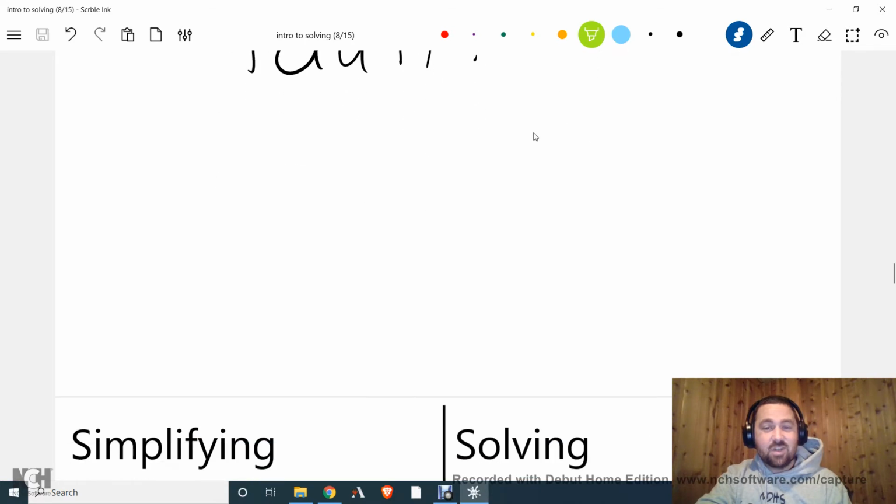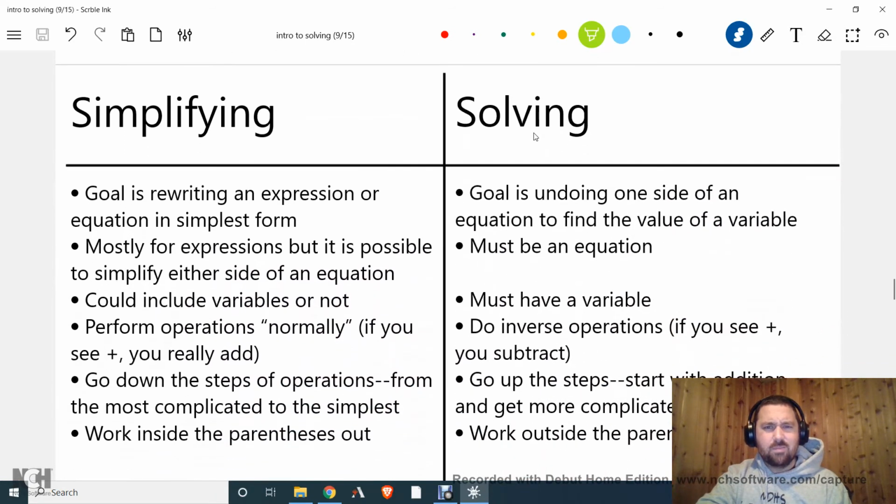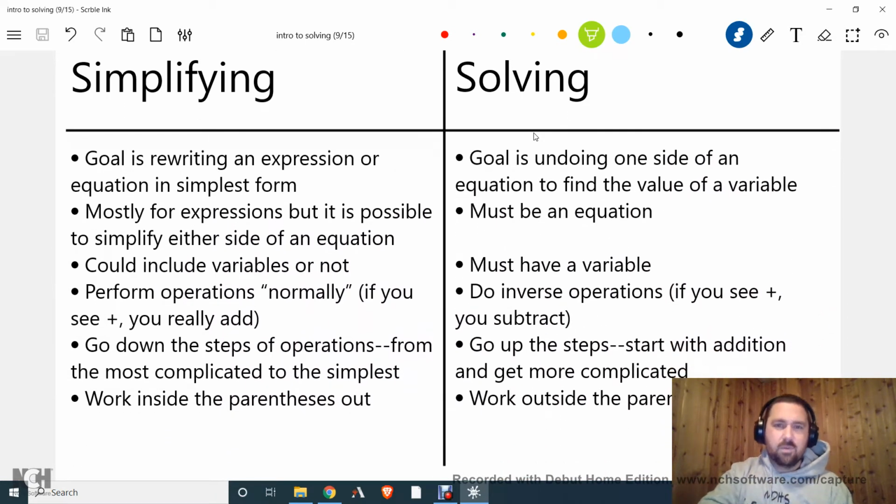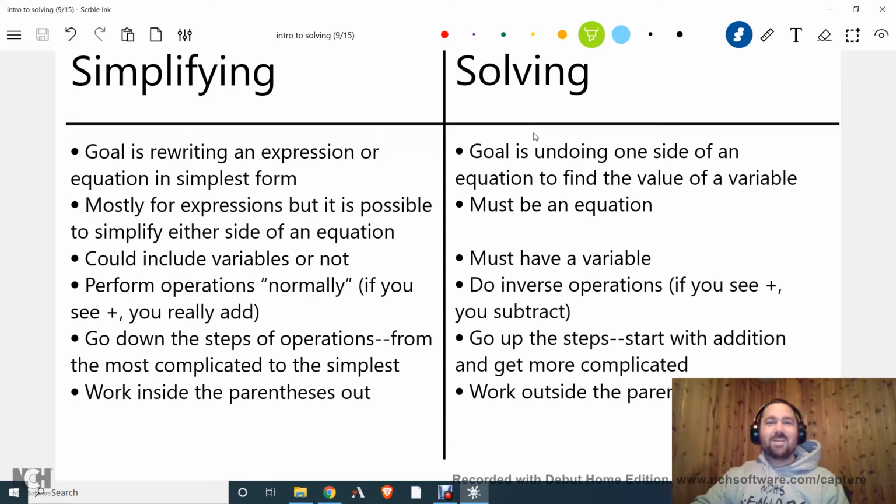Now that said, let's jump right into a giant block of text. Okay, we're going to send this to you, so don't stress too much about this. Let's just go through these 6 different descriptions of each side and see how these things are different. So for simplifying, the goal is rewriting an expression or equation in its simplest form.